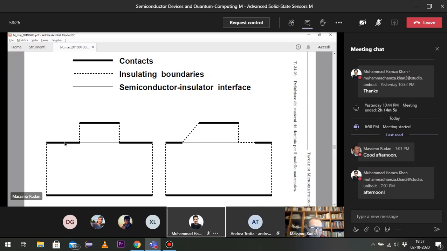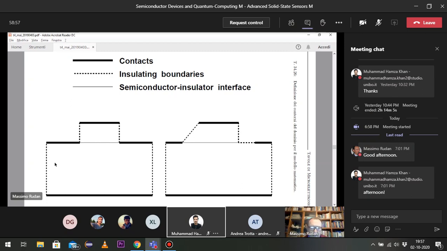So if one of the two contacts here is the source and the other is the drain, the current enters the drain, goes across the channel and exits from the source. It is impossible for the current to cross the lateral boundaries of the device. If that happens, that means that the design of the device is wrong, because we have a loss of current laterally.